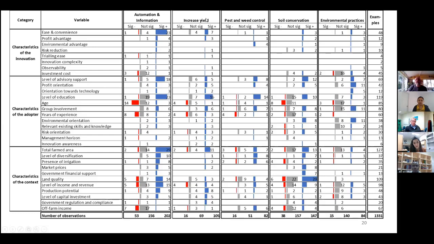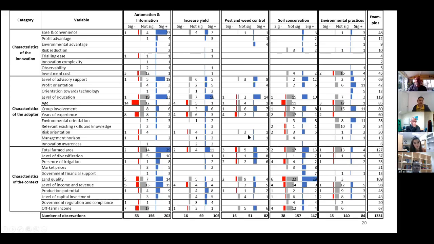We have increasing yield, pest and weed control, soil conservation, and environmental practices. You can see here that in some of those studies hardly any characteristics of the innovation were included in the regression models.